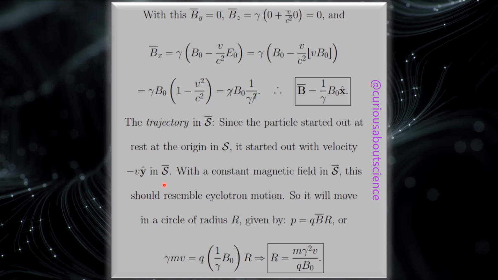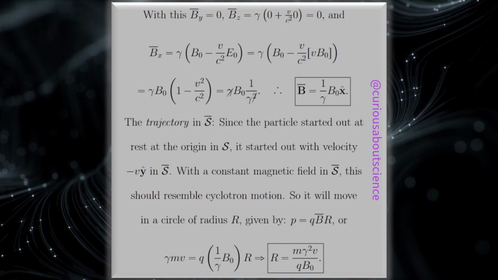So it moves in a circle of radius r, given by p equals Q B bar r, or, if that's the case with the momentum, gamma m v is equal to Q, plug in a B bar, so 1 over gamma B naught r, solve for r. So here we get a gamma squared term in there instead of m v over q B naught. So we're looking pretty good there. Just remember with this, we have to add that in if we're moving in one frame without moving in the other. So here we see what the radius of the cyclotron motion is.